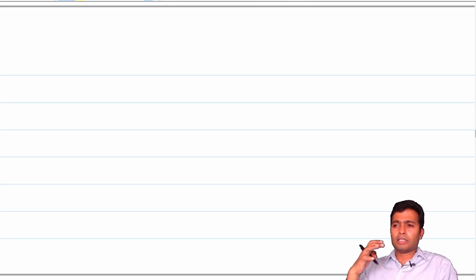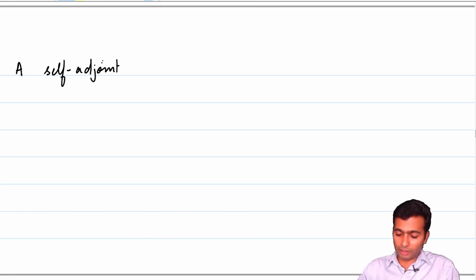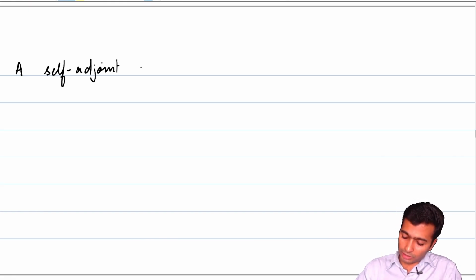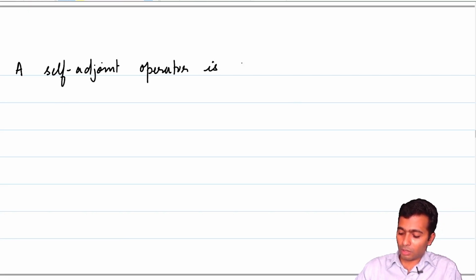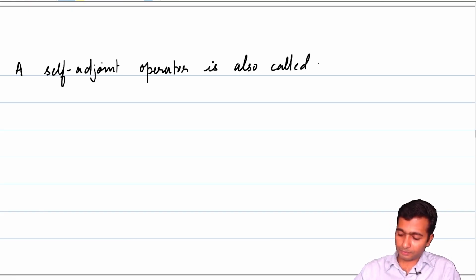There is an alternate term that is used to describe a self-adjoint operator. Let me write that down. A self-adjoint operator is also sometimes called a Hermitian operator. Self-adjoint is a term which you can find very extensively in literature.